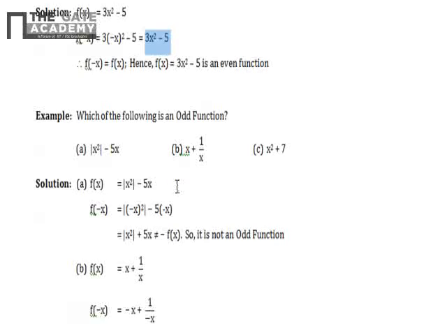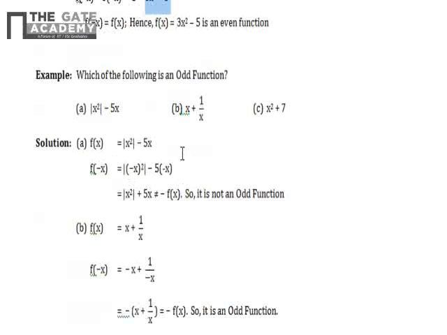Okay, now there is one more example. Which of the following is an odd function? The functions are: mod x square minus 5x, x plus 1 upon x, and x square. We'll see one function at a time. First is mod x square minus 5x. If we put minus x at all the places, then we'll get mod of x square plus 5x, which is not equal to f(x) and also not equal to minus f(x).